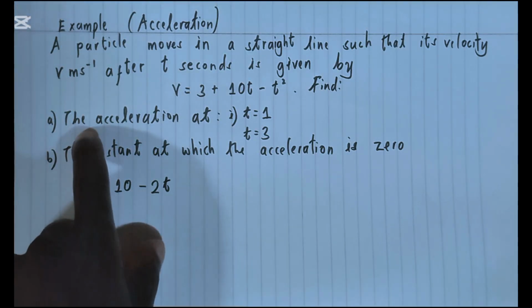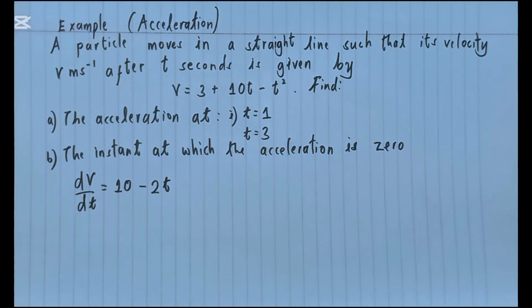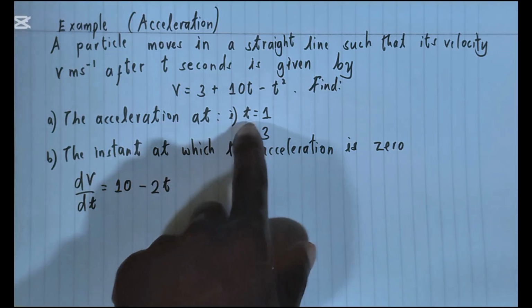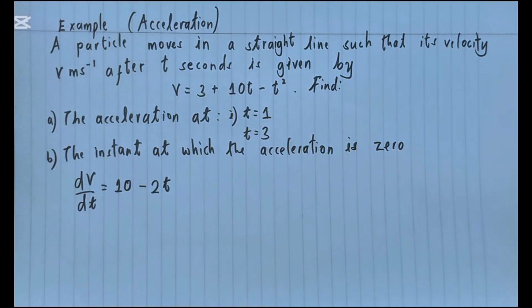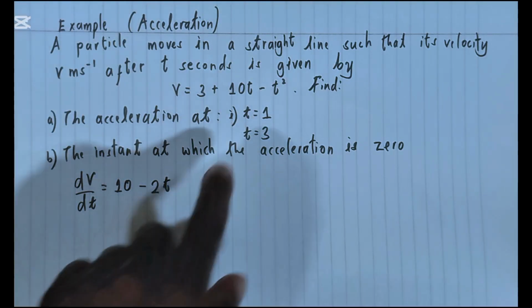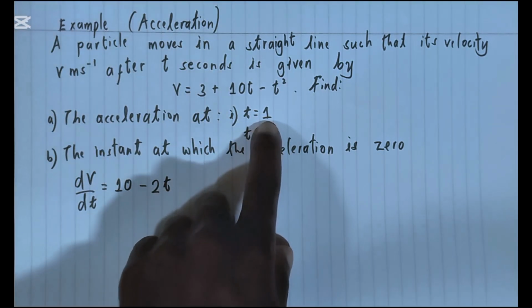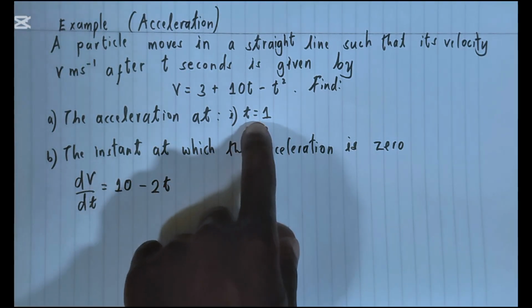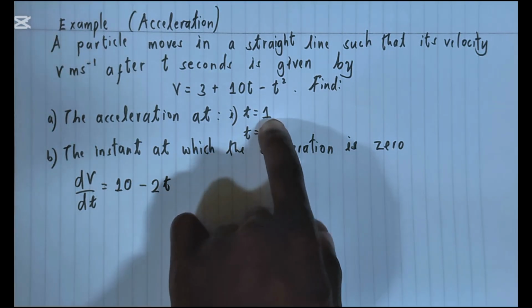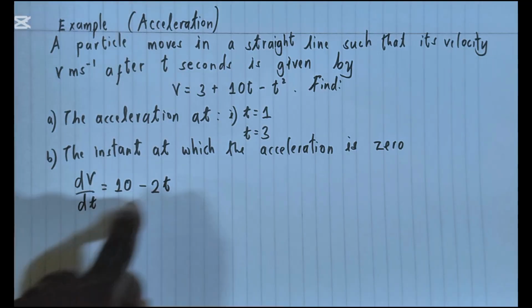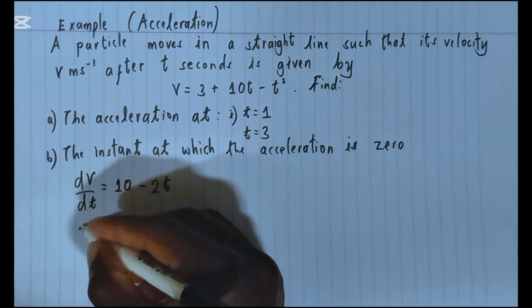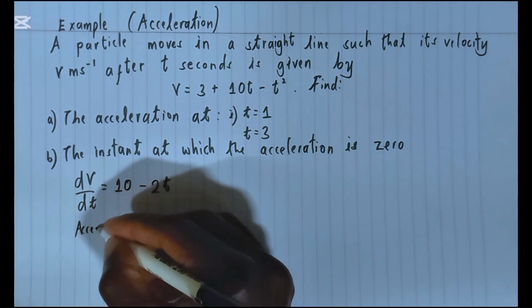All right, so what is the acceleration of this particle at t equals 1, that is, at the first second? We are basically going to substitute 1 for t in every place we have t in the acceleration function, to get the value of acceleration at t equals 1.